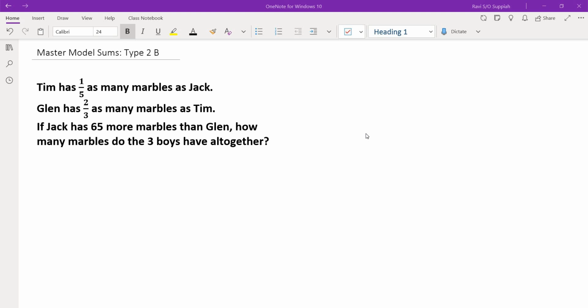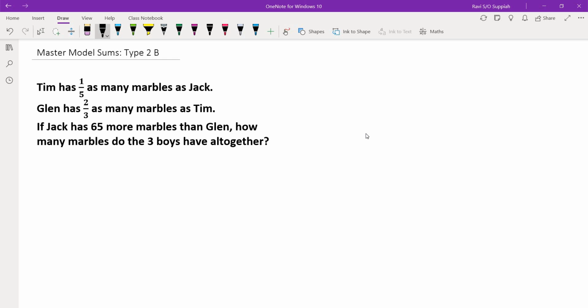Now, if I were to draw the model for this, let's take it line by line. In the first line, we are told that Tim has 1/5 as many marbles as Jack. So Jack has more marbles than Tim, 5 times as many. Let's draw it for Jack first.